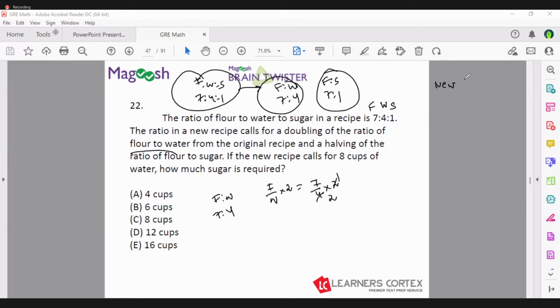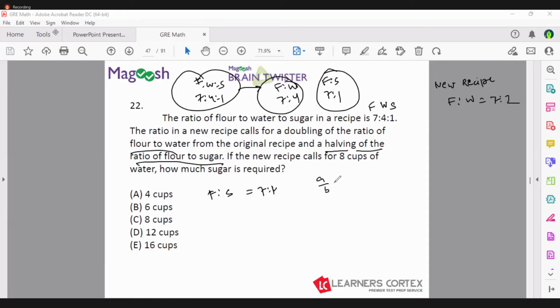So the new recipe will have flour to water components in the ratio of 7:2. Now the new recipe also asks for halving, which is basically making half of the ratio of flour to sugar. So flour to sugar is 7:1.